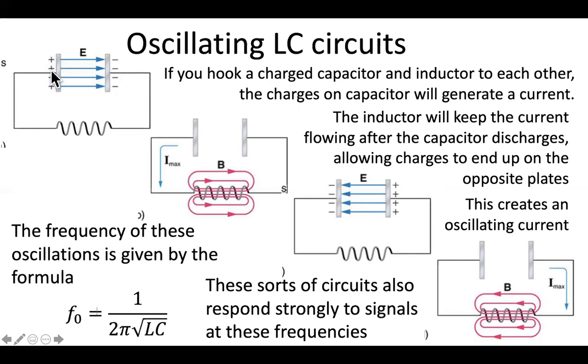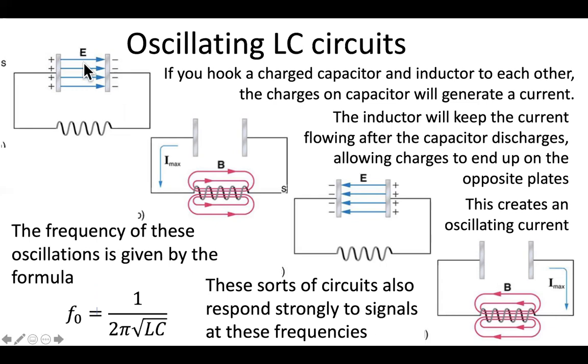Well, those positive charges and negative charges attract each other, and the wire provides them a way to find each other. So the positive charges would run around the wire in one direction, the negative charges would run around in the other. If nothing else happened, they would basically go around, neutralize each other, and the charge would be gone.